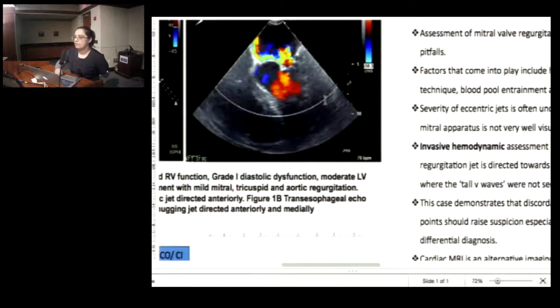You've got to be careful about the wall-hugging jet. Let me tell you something, I would take this case personally. If I were to put it together, I would do it for teaching two things. One, that in eccentric or organic mitral regurgitation, if the pictures are degraded, you may miss a significant amount of regurgitation.